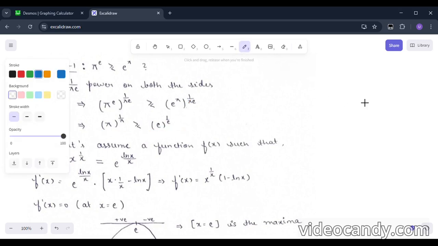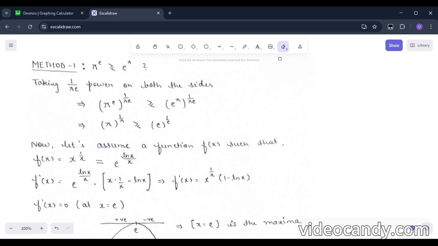Now from here I can reduce something of the type a raised to power 1 by a. So I've assumed a function f(x), which is x raised to power 1 by x, or I can even write it as e raised to power ln x by x.